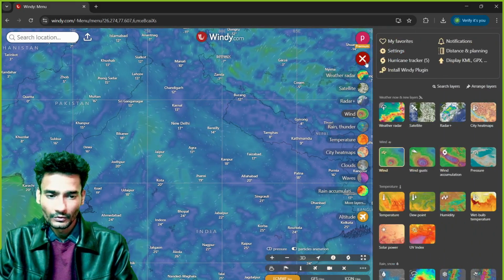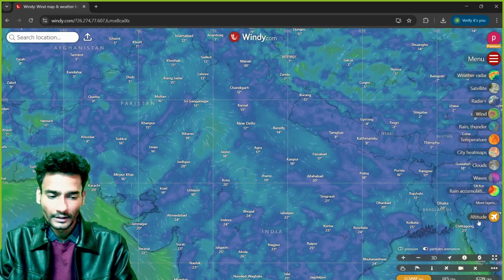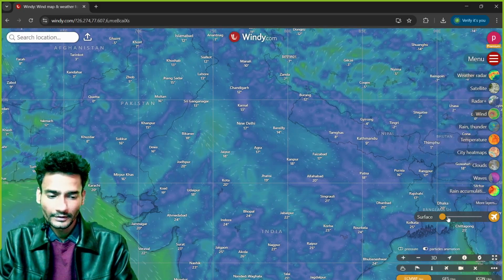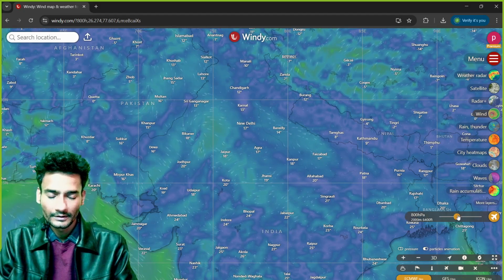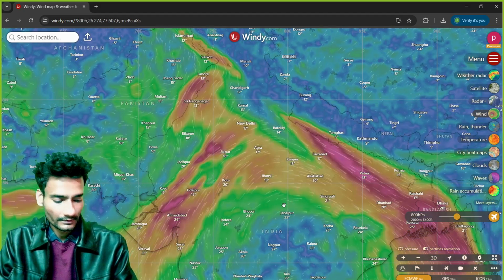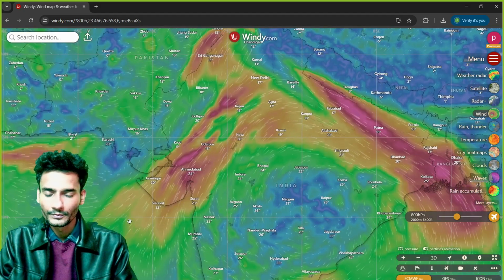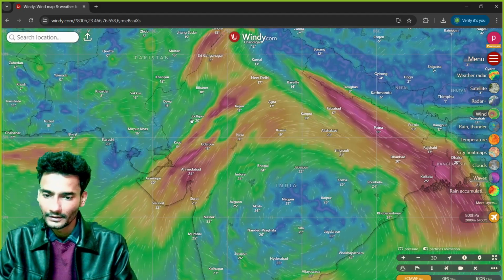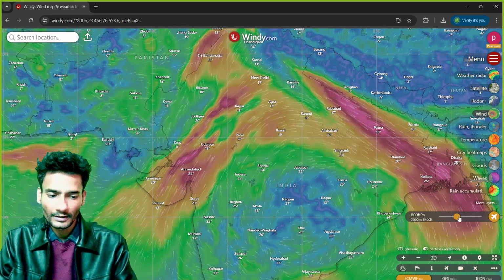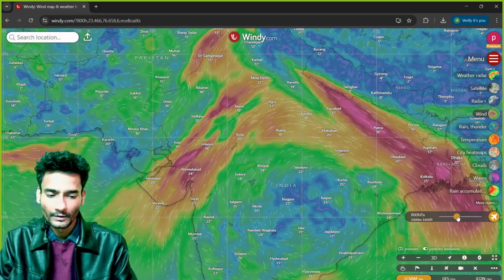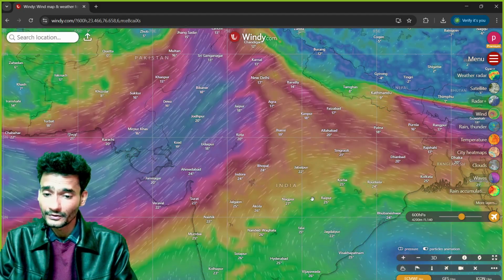Okay? So if we look at winds at around 600 hectopascal height, we will see clear movement of wind from the Arabian Sea toward the Delhi NCR. And these winds are in fact part of the western disturbance.